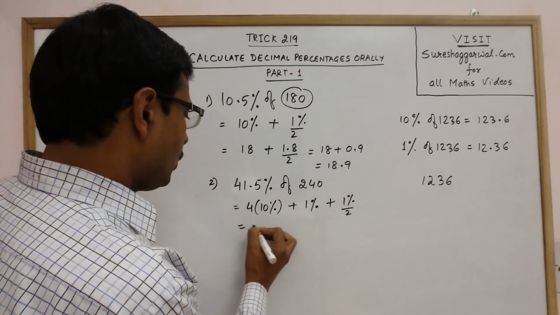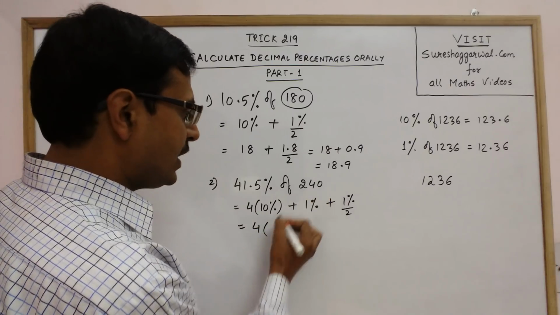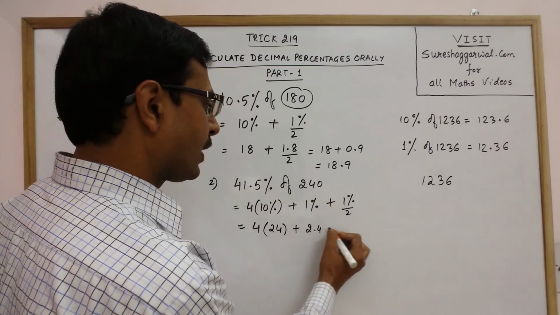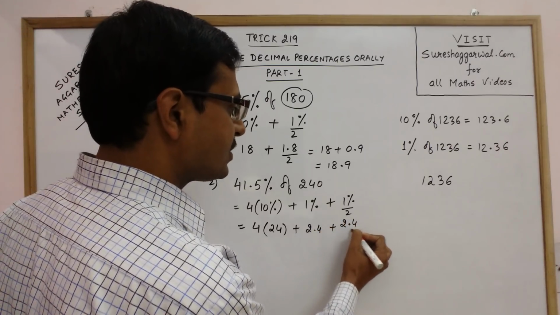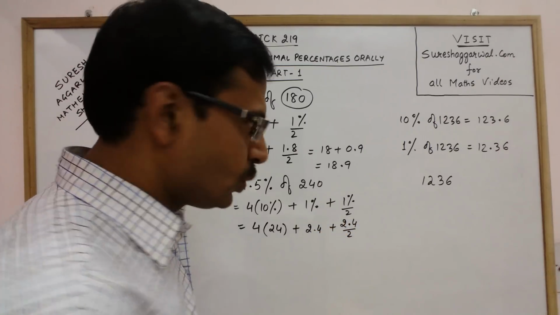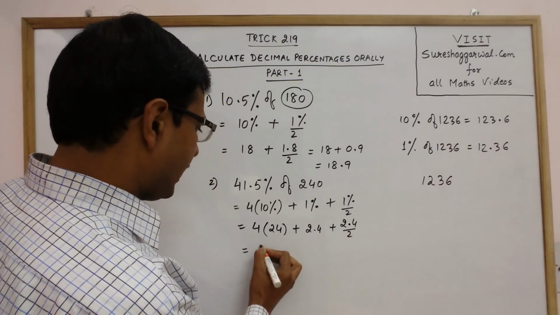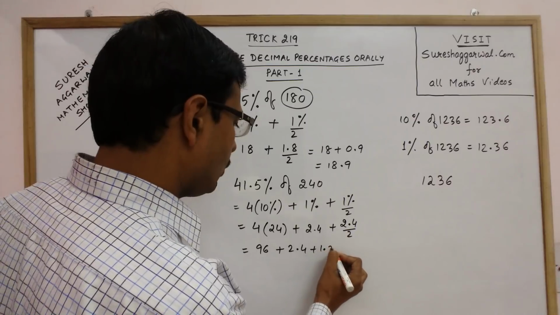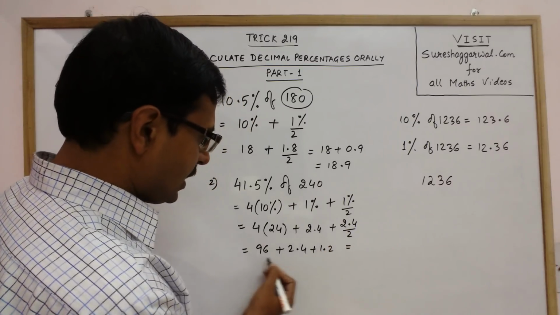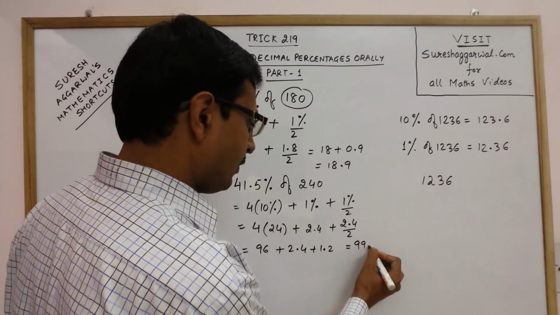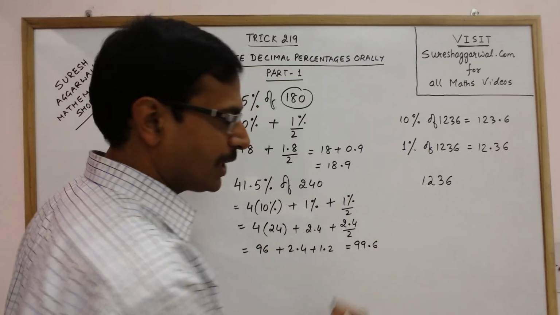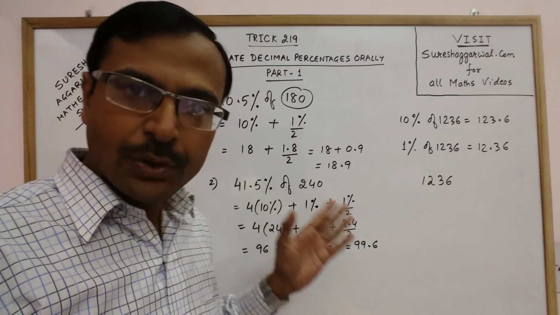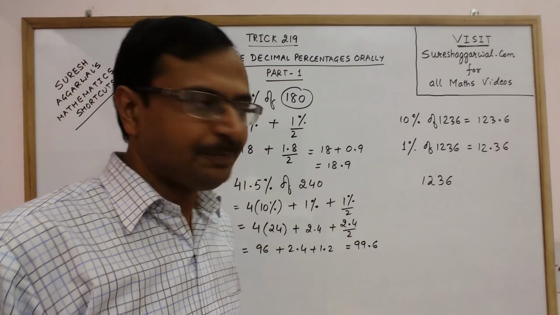Now see, 4 into 10%. 10% of this is 24, so 96, plus 1% is 2.4 and half of 1%, that is 2.4 by 2, which is 1.2. So you get your answer here: 96 plus 2.4 plus 1.2. So 99.6 is 41.5% of 240.